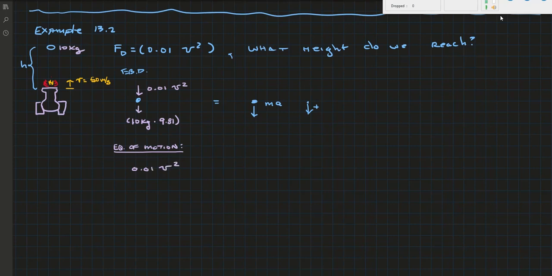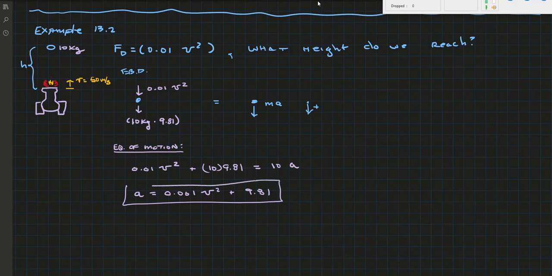It's positive because I'm drawing it down. And then we add to that our weight. And we set this equal to our mass, which is 10, times our acceleration. Dividing both sides by mass, we end up with a relationship for our acceleration here. I'll go ahead and box this, although it's not really an end result.